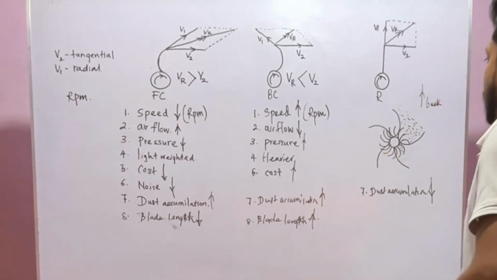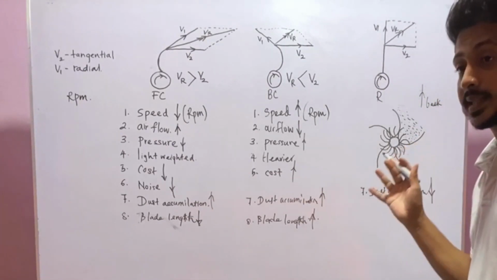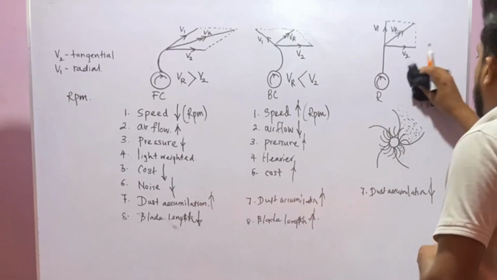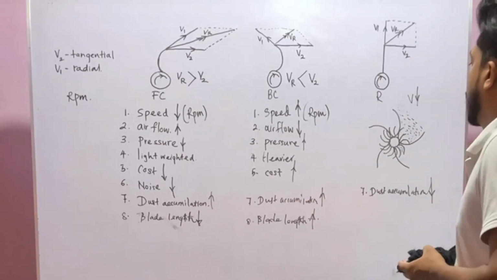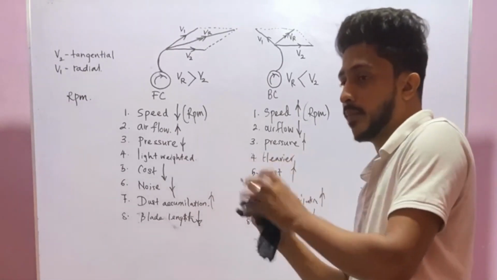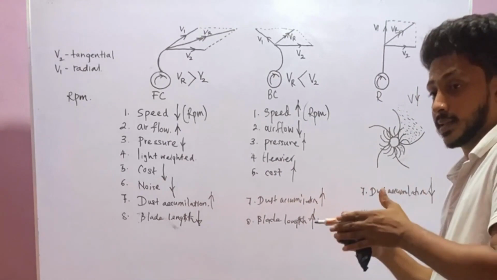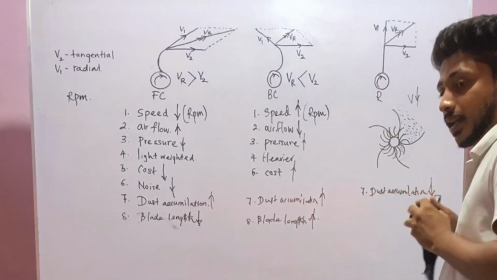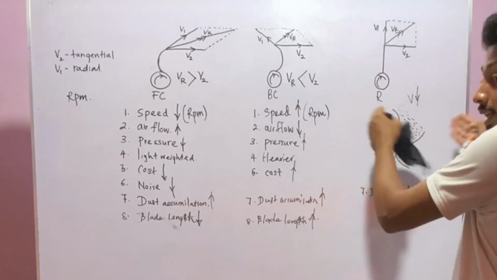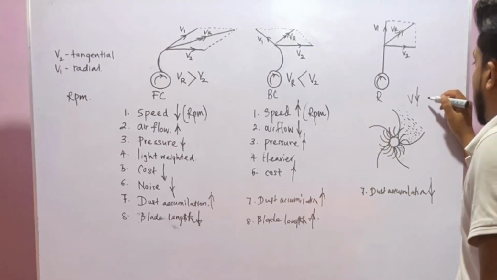What happens is, if the cross-sectional area is increasing, we know that velocity is decreasing, because in order to move the same flow rate, if the cross-sectional area is decreasing, we have to speed up. But here it is increasing, because of that velocity should be decreased.